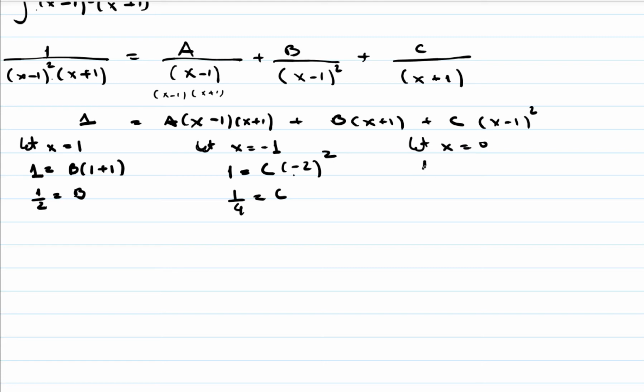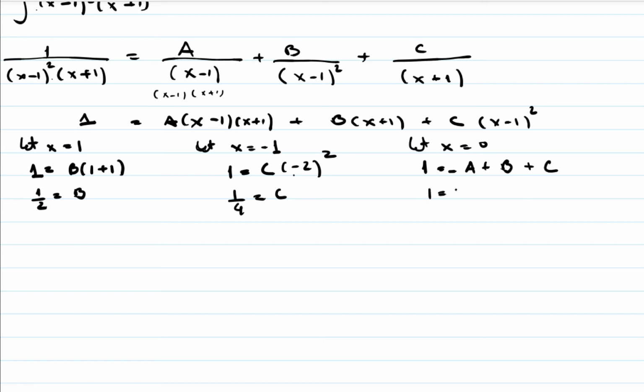So we're going to have here 1 is equal to, now we're going to have here a, see, x is 0, so it means that a is equal to minus 1 into 1, so this is going to become what? Minus a. Fine, and then you're going to have plus b, because this x here is 0, so it becomes b into 1, and then you're going to have here plus c. You're going to have here minus 1 square, which is 1, so this is going to become plus c here.